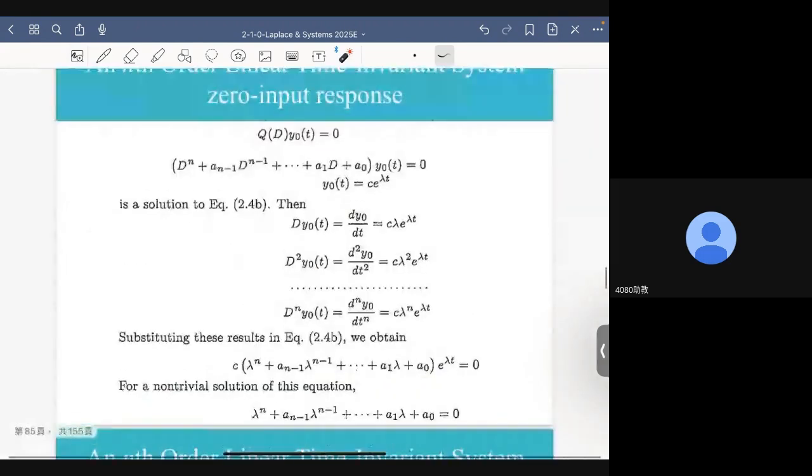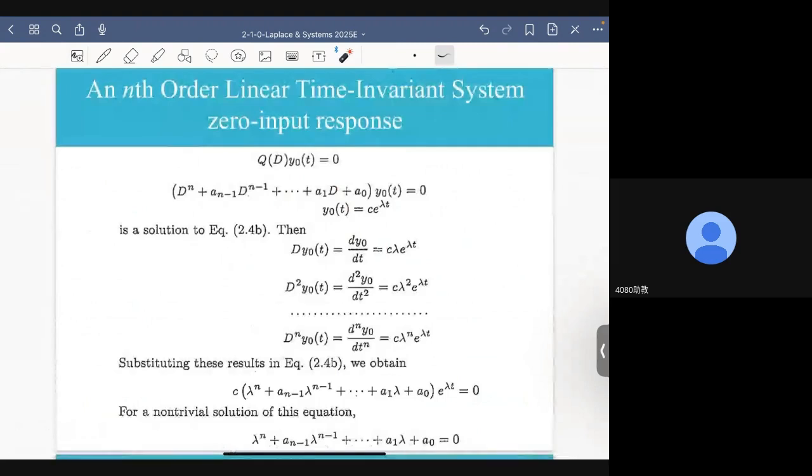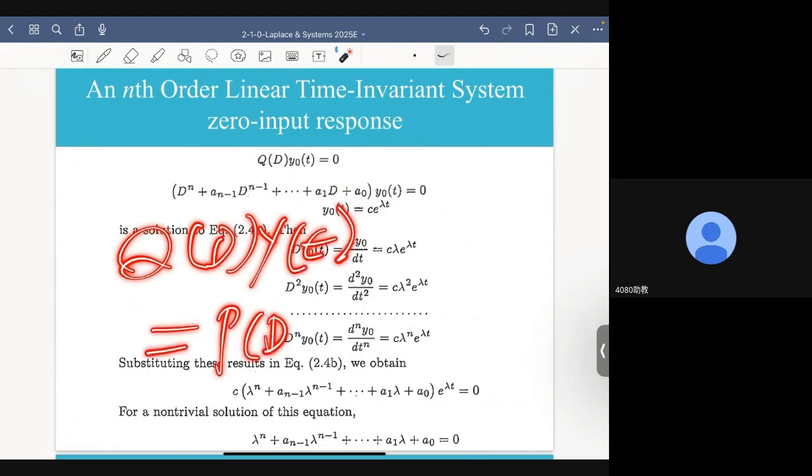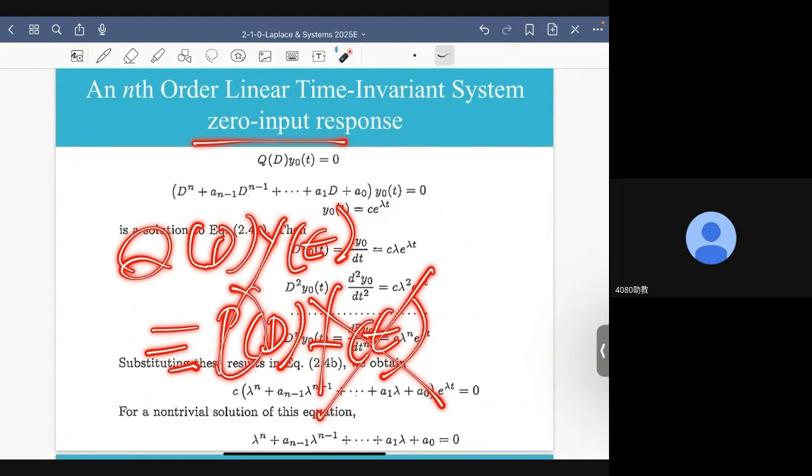Okay, let's say we are considering an nth order linear time invariant system. And here we only consider zero input response. If this is the case, remember that an nth order linear time invariant system can be described by this equality, right? Now, assuming I have zero input, therefore f(t) is zero. So the right-hand side of this equality becomes zero.